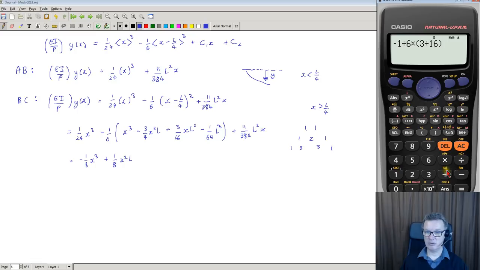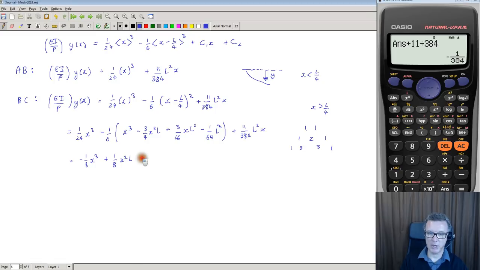As I say, you don't have to do all this. This page is not required, but it's interesting to do, just to show you how you'd get the 3 and the 4 constant. Okay, so that's that thing times by that thing. And then we want to add on this term here, plus 11 divided by 384.